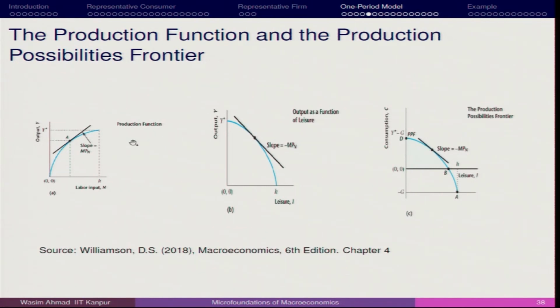So overall, with the combination of these two, we are trying to mention what the production possibilities of this particular setup will be if we utilize full labor, and with that labor how much output you can produce.